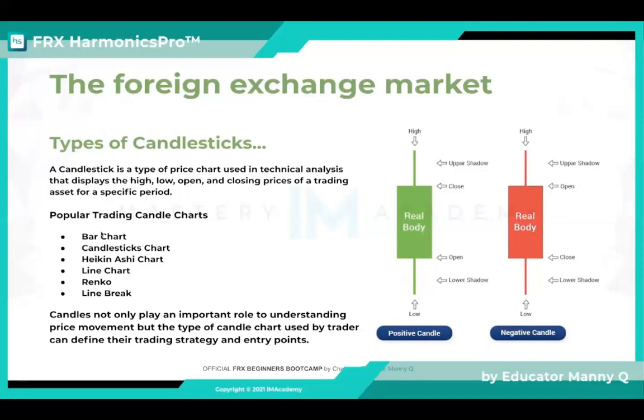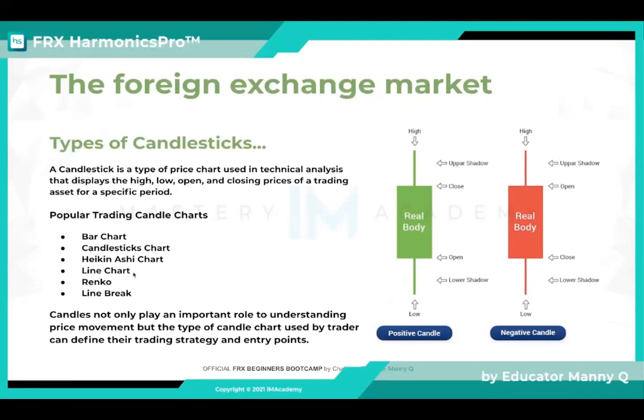In addition to that, we also have something known as the Heikin Ashi candle. Heikin Ashi is another Japanese variation of the candlestick, and what it does is it allows traders to detect trending markets as opposed to every single move in the market. We're going to be getting into those within the market.